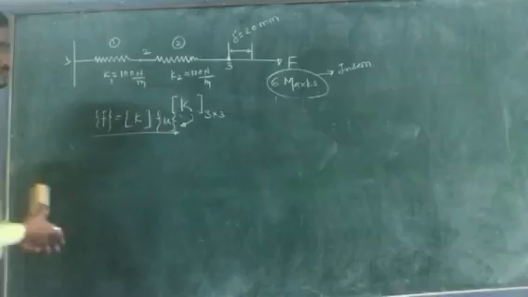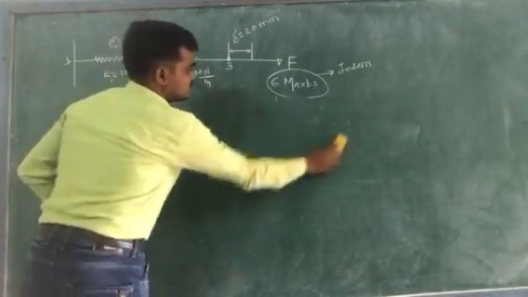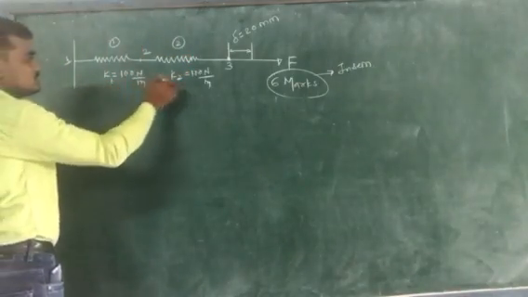Now first we construct the elemental stiffness matrix for the 2 elements. This is the first element, this is the second element.